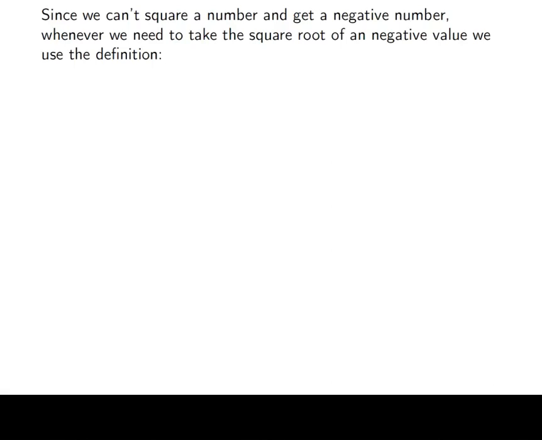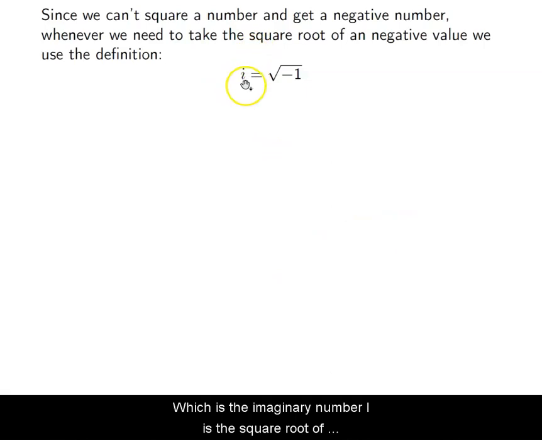There's no way to take the square root of a negative, which means that we're really leaving out a complete half of our number system, right? Basically all of the negative numbers we can't take a square root of. So we have a definition that helps us with that, which is the imaginary number i is the square root of -1, okay?